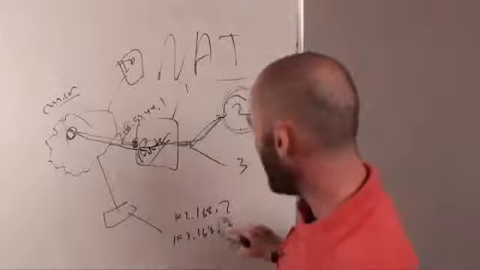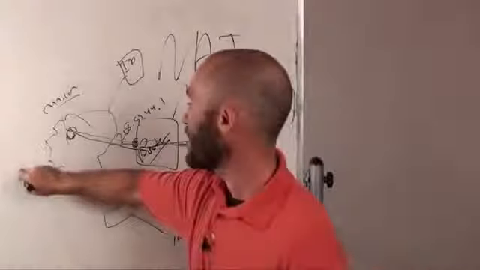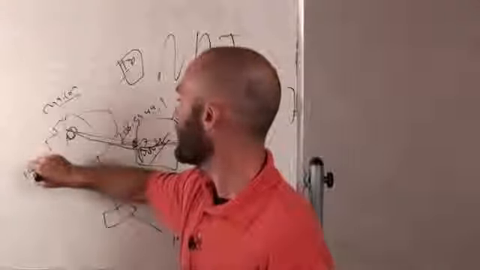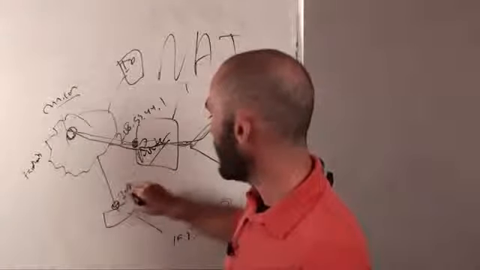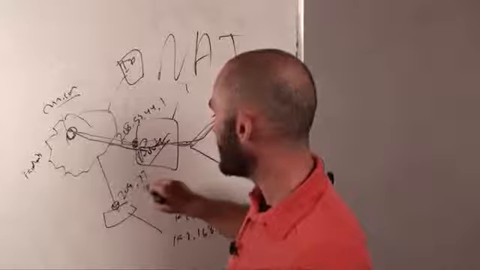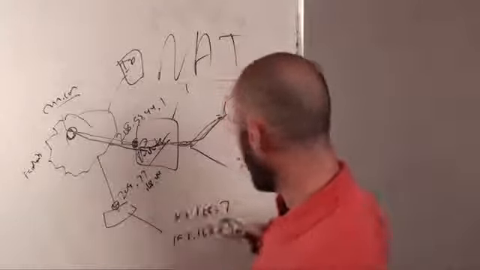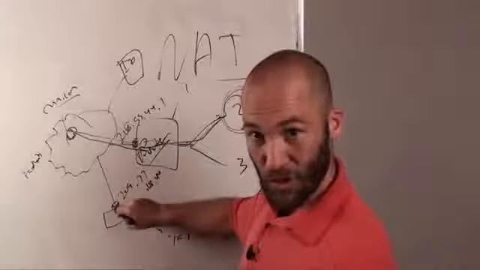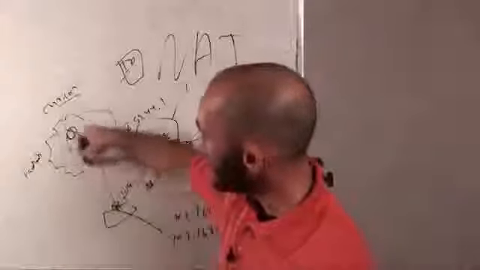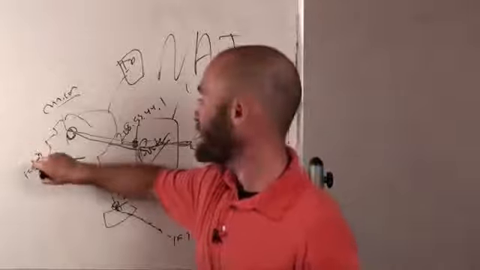Now, if this computer down here wants to go to, let's say, Facebook.com, the external IP address for this router may be 209.77.66.44. So 192.168.1.3 is going to go to the default gateway, to the router. That's going to go to the internet, to Facebook.